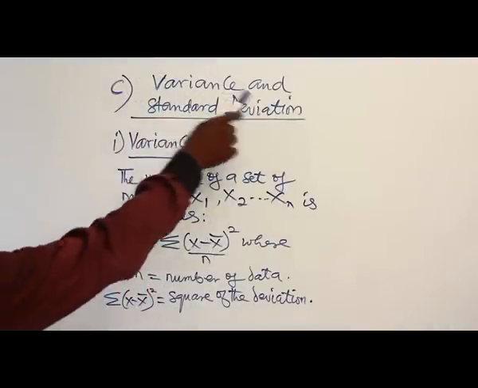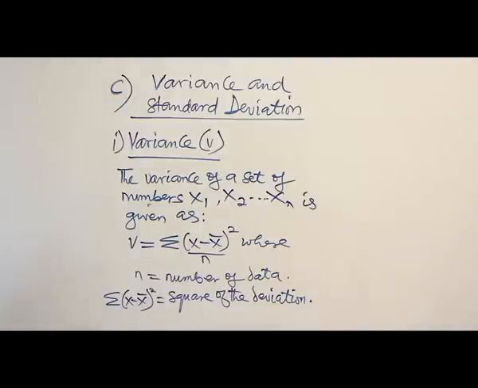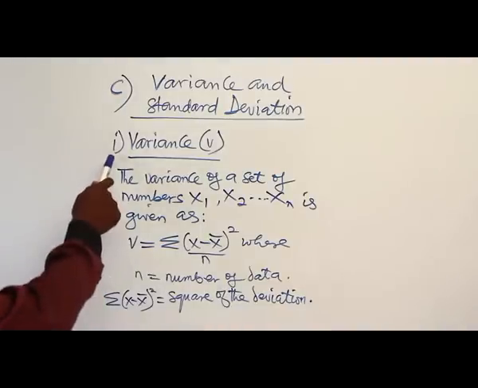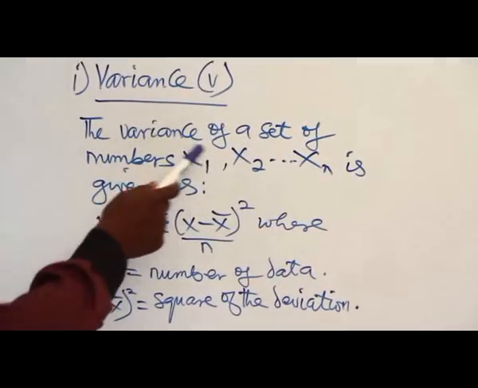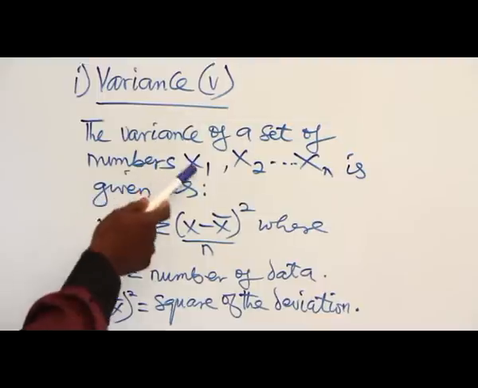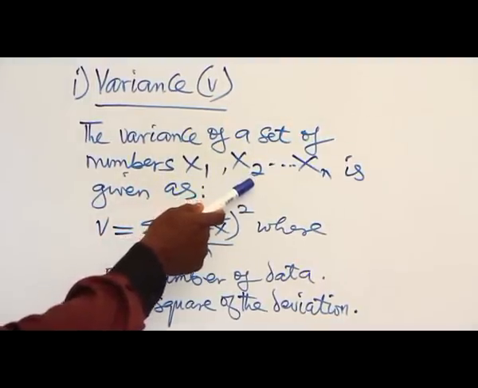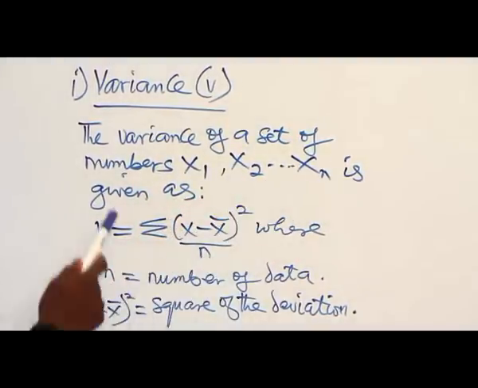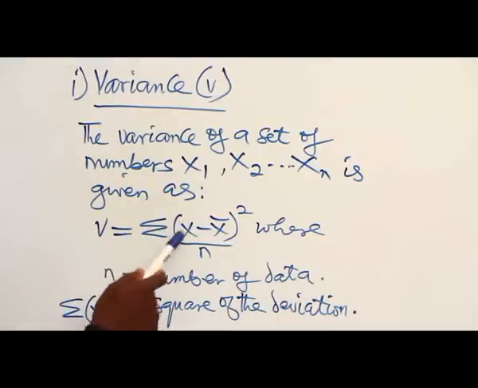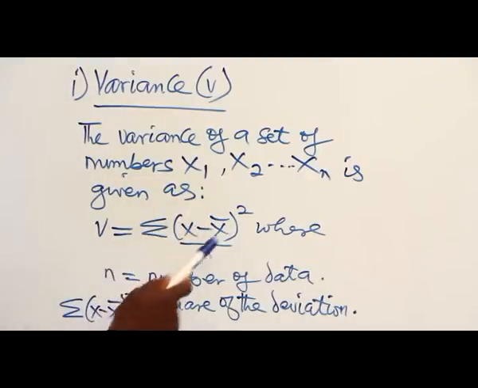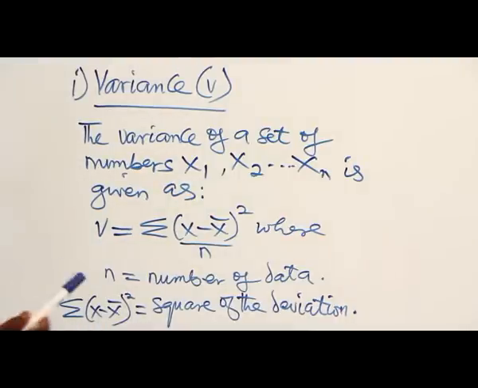C. Variance and standard deviation. Roman figure 1. Variance denoted by V. The variance of a set of numbers x1, x2 to xn is given as V equal sigma (x minus the mean of x) squared all over n, where n equal number of data given.